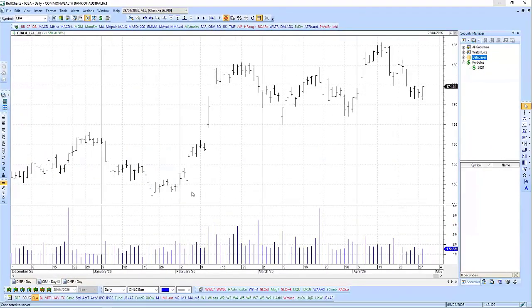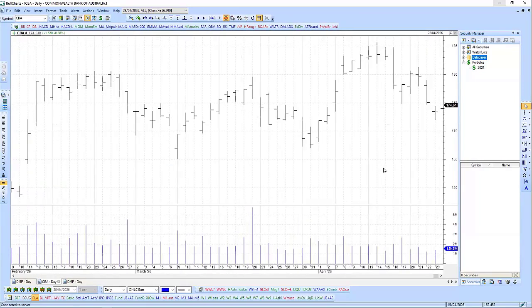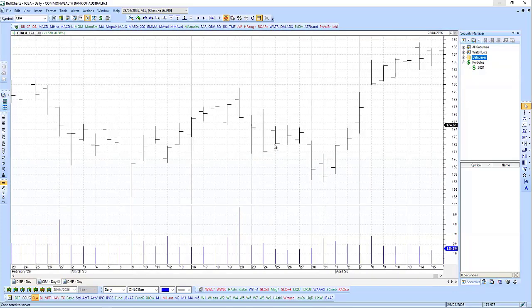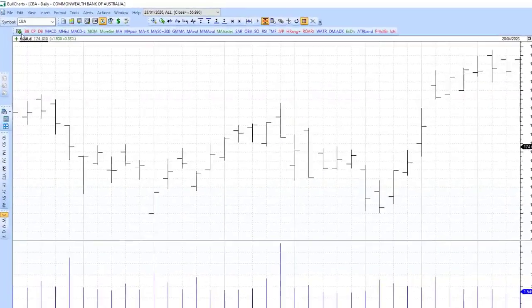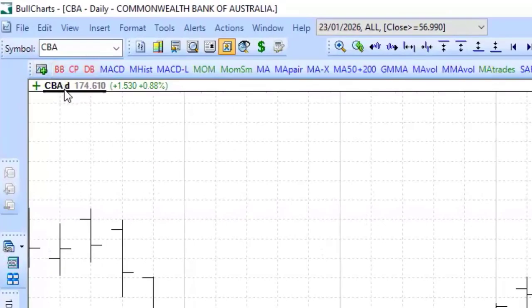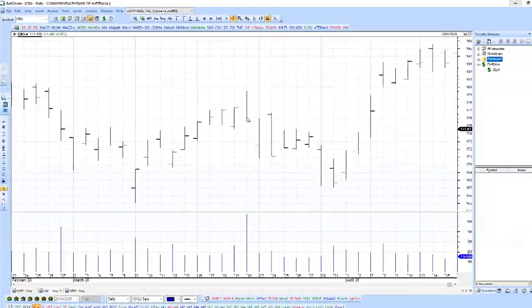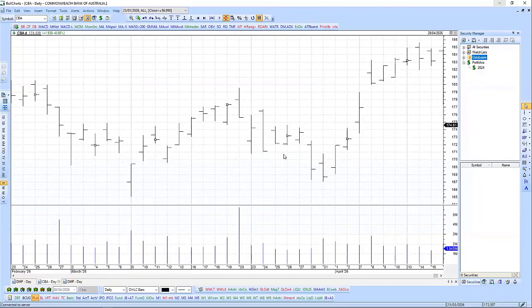So when I click on that, what I'm seeing here is supposedly a plain price chart. This hasn't changed. This has been in BullCharts for goodness knows, maybe 20 years. A plain price chart here is a daily chart. In the top left corner, we can see the little D for daily, and we can see the open, high, low, close bars. And in the bottom pane, we do have volume.